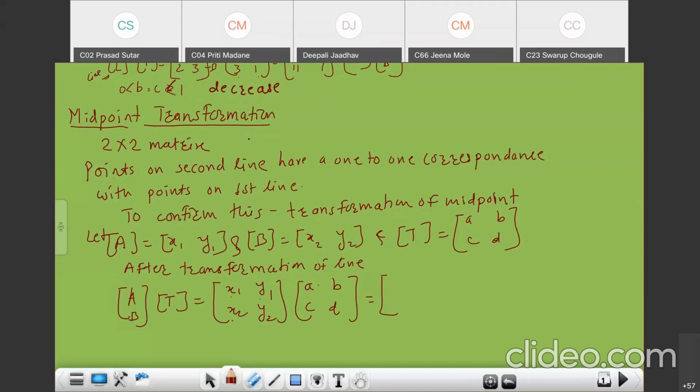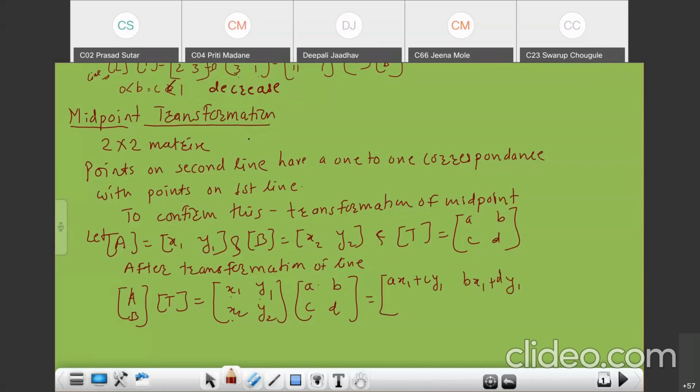So in this way we will get multiply x1, y1 with A and C. So we will get A of x1 plus C y1. Then multiply x1, y1 with B and D. So we will get B of x1 plus D of y1.